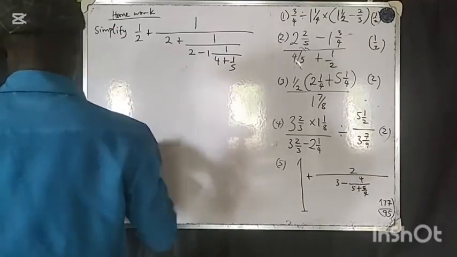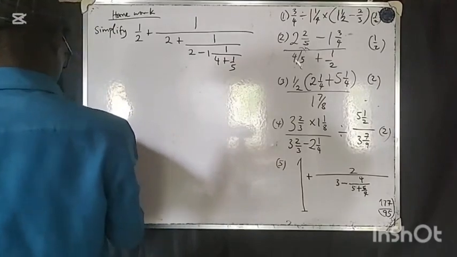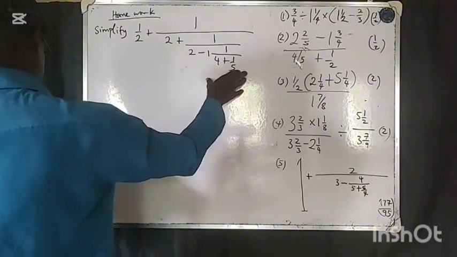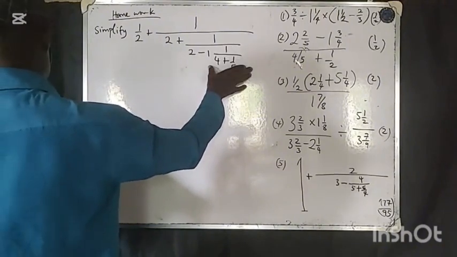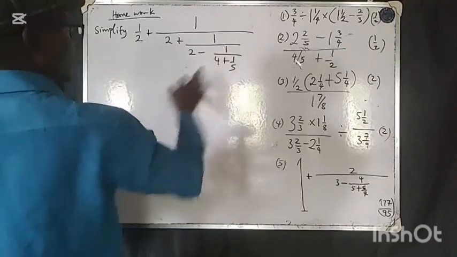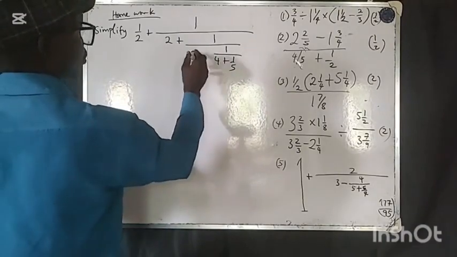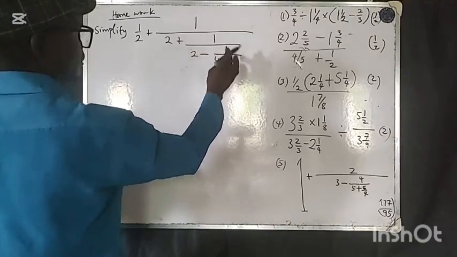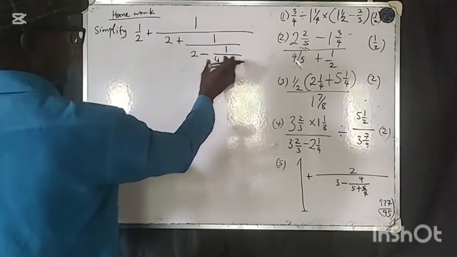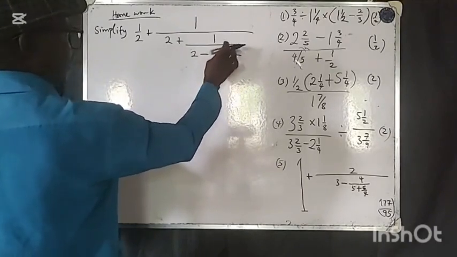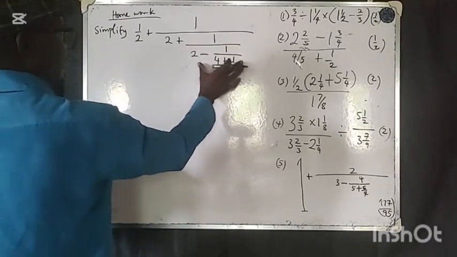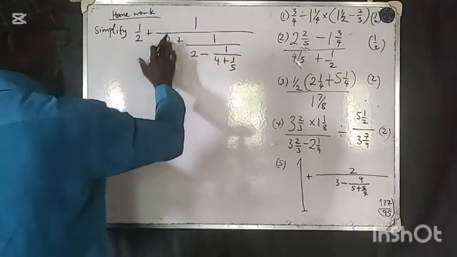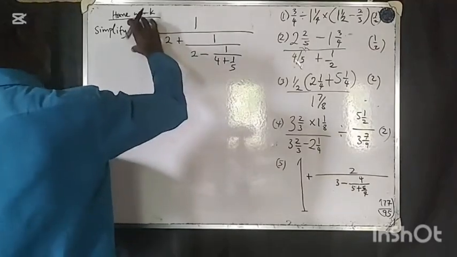The last one is 4 plus 1 over 5, and it is carrying 1. So this one is not there. So I'm going to write like this: 2 minus this. So this one is carrying this. So for you, I'll solve this one first, then divide 1 by this, then subtract everything from 2, then divide this one by everything here, then add 2, then divide 1 by everything here, then add 1 plus 2.